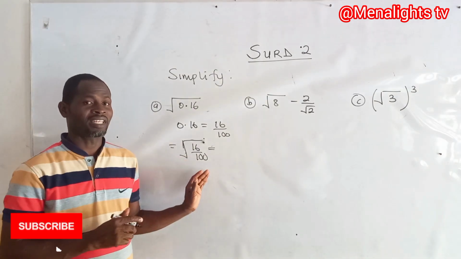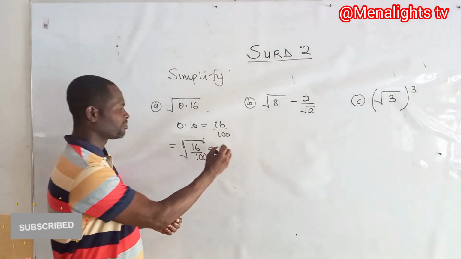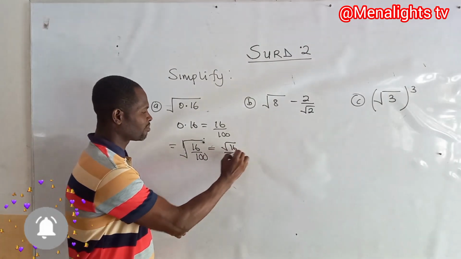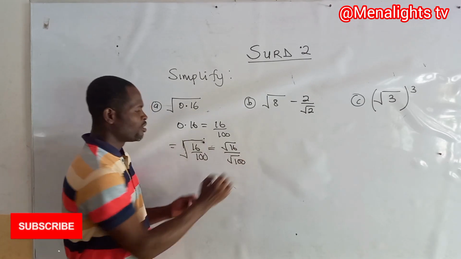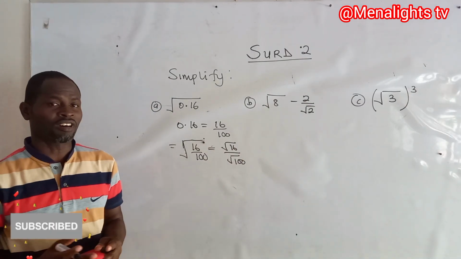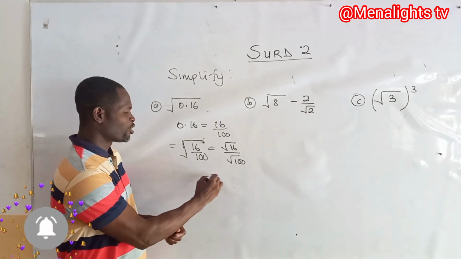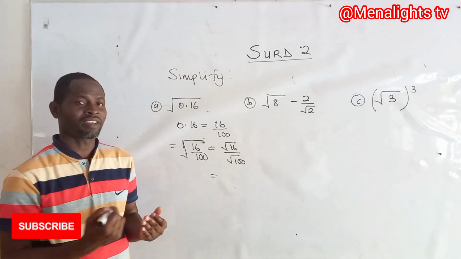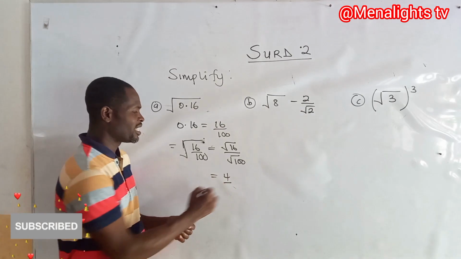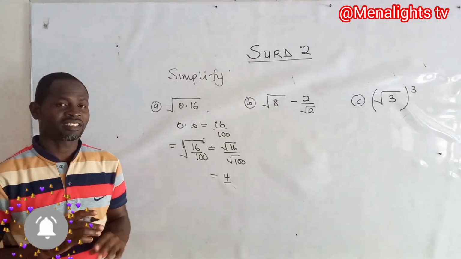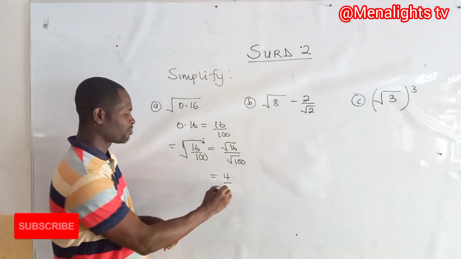The 16 over 100 can be rewritten as root of 16 divided by the root of 100. So root of 16 will give us 4, and then the root of 100 is going to give us 10.